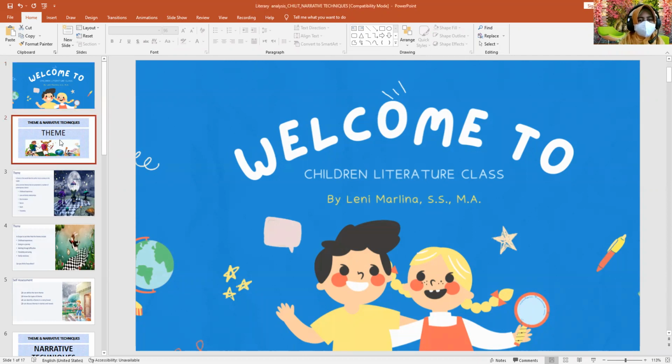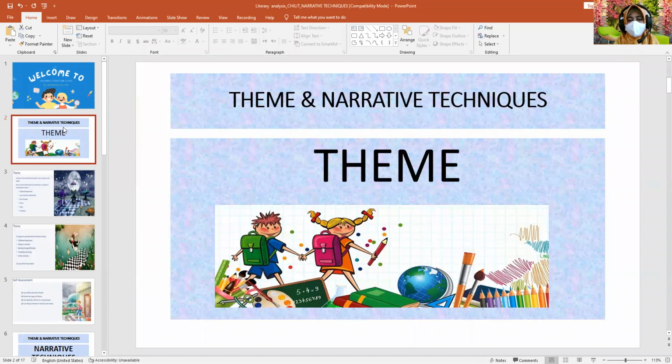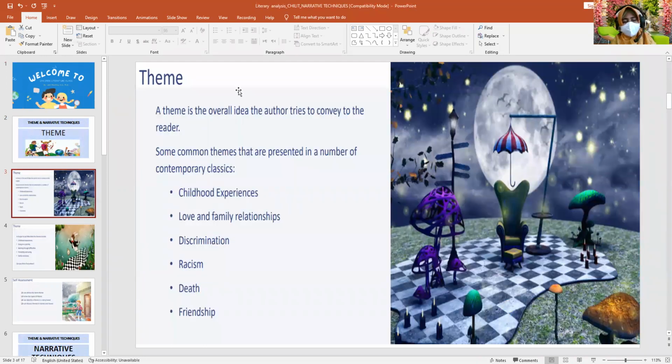Okay, first about theme. What do you know about the theme in literature? There are many types of theme in literature, but overall, we have to know exactly what the theme is.